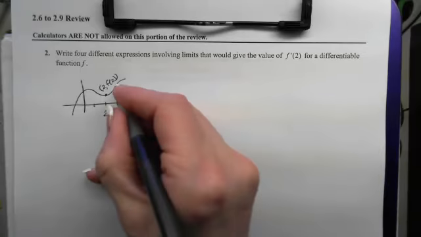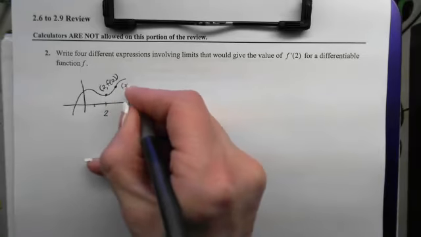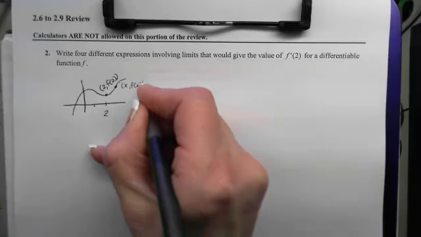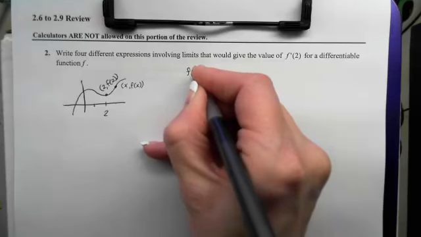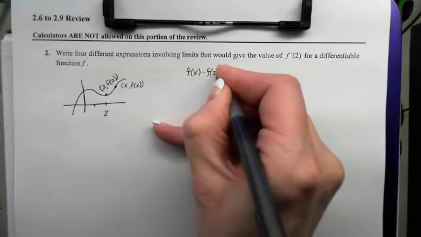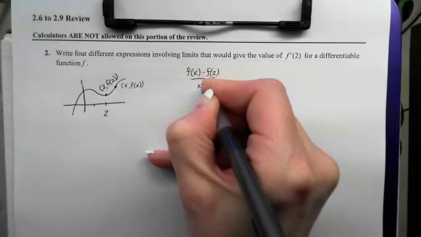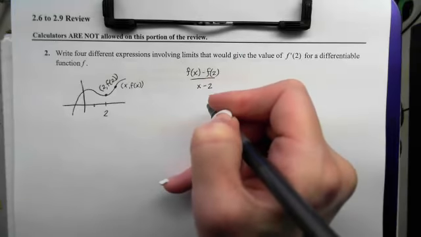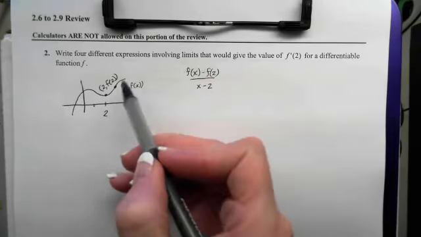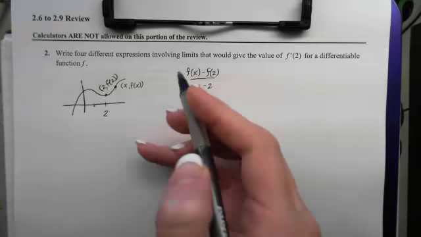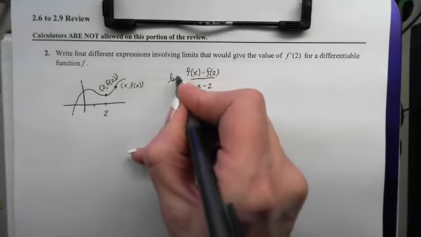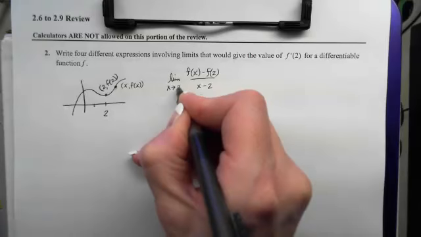One of the ways that we can choose to label that point is x, f of x. When I do that, I can set up a secant slope, which would be y minus y over x minus x. And then to create a tangent slope out of it, I need to move this point x until it collapses onto the 2. So I can illustrate that by putting the limit as x approaches 2.